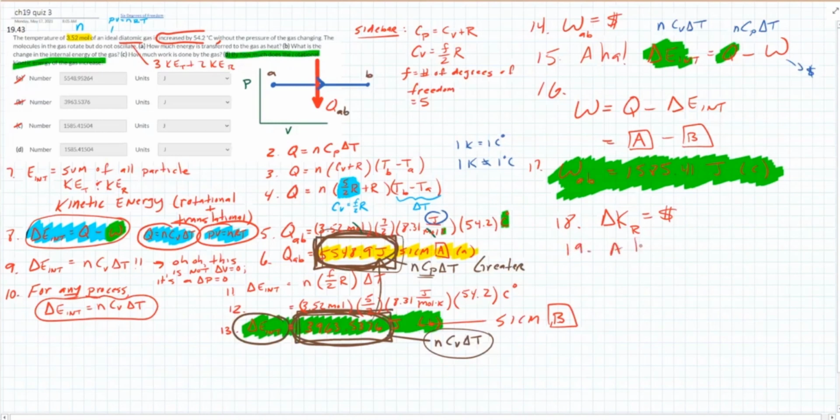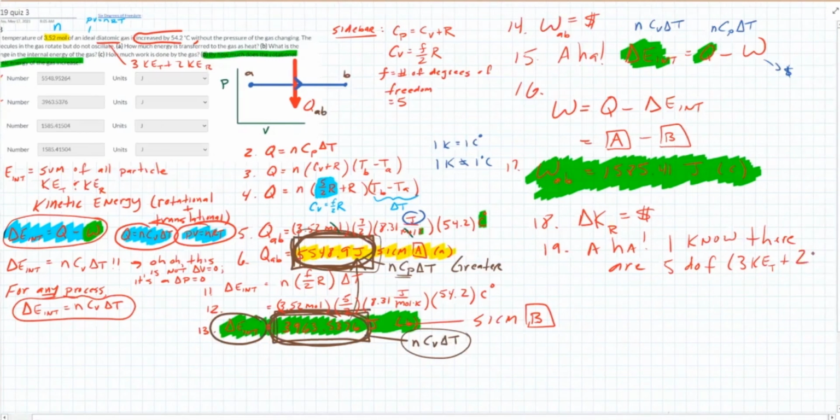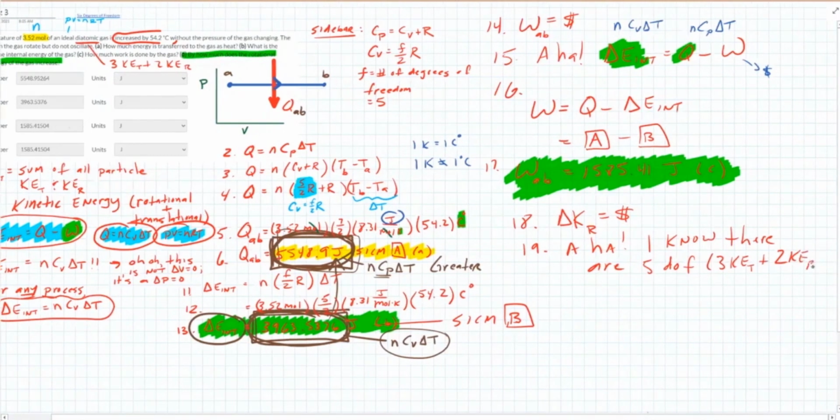And then I say, aha, I know there are 5 degrees of freedom. 3 are brought to you by translational kinetic energy, plus another 2 from rotational kinetic energy. 3 plus 2 equals 5.